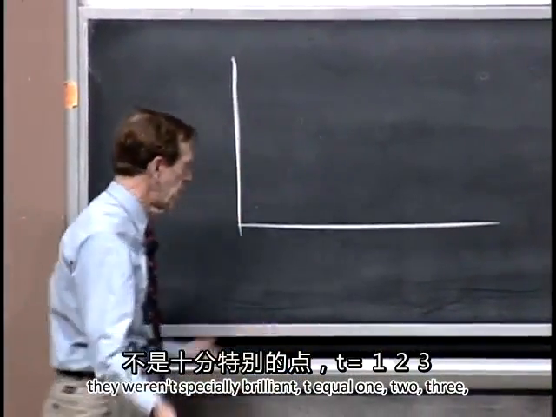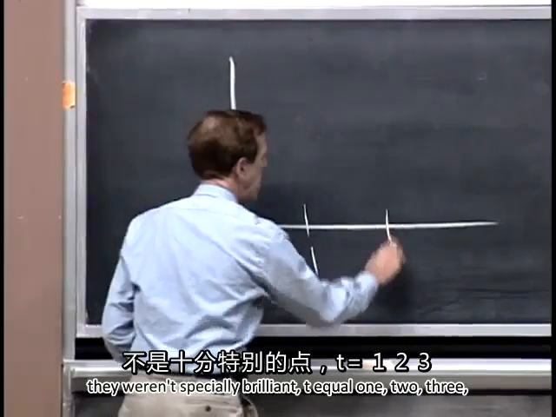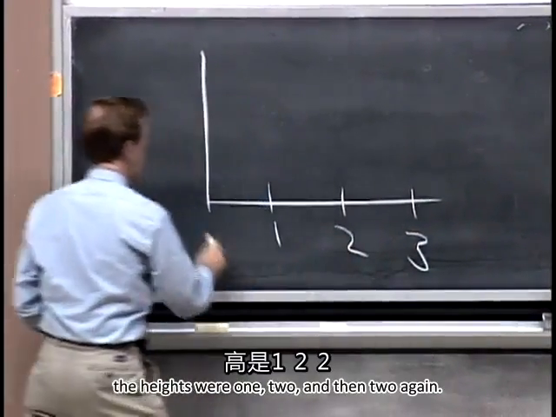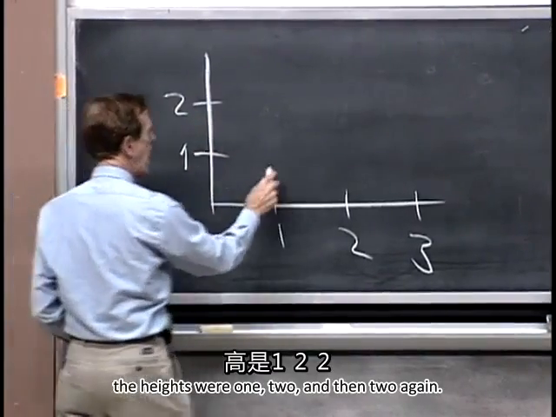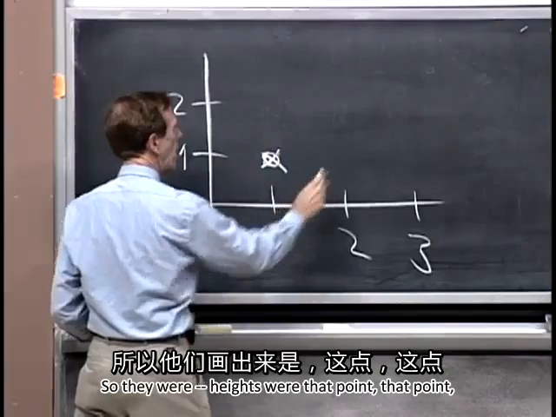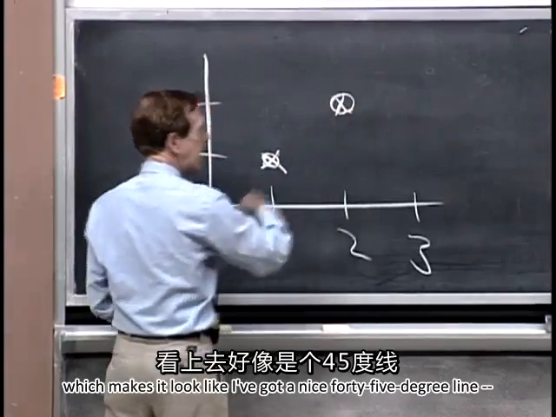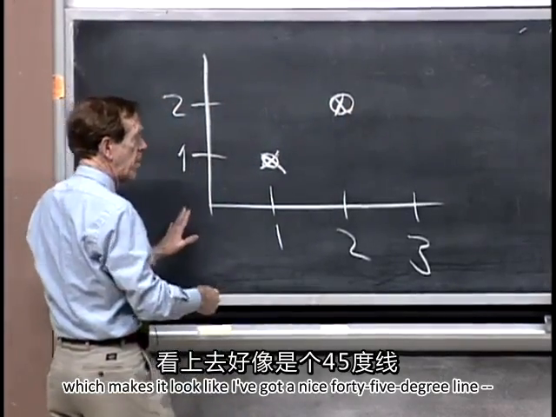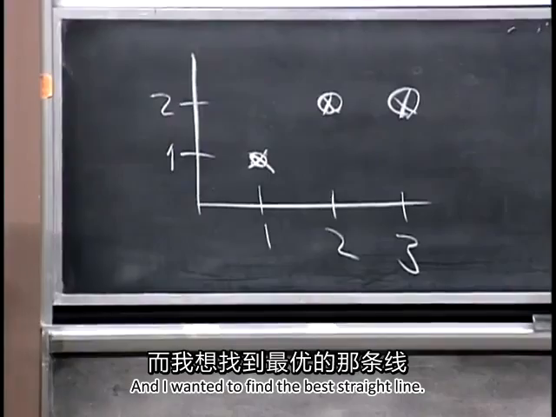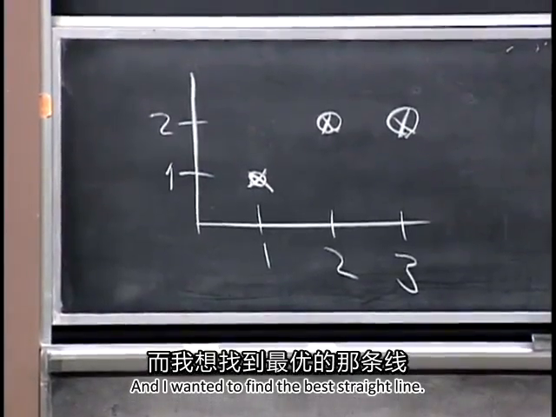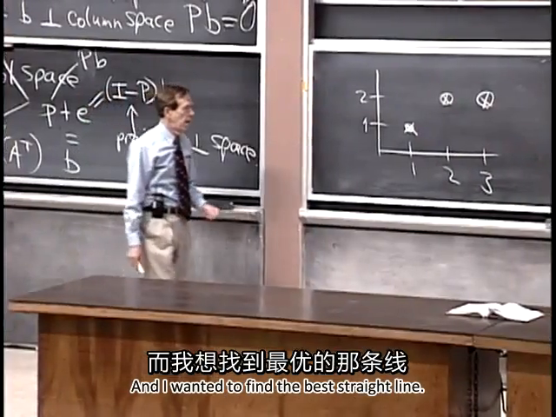They weren't especially brilliant. T equal 1, 2, 3. The heights were 1, 2, and then 2 again. So their heights were that point, which makes it look like I've got a nice 45-degree line, but then the third point didn't lie on the line. And I wanted to find the best straight line.